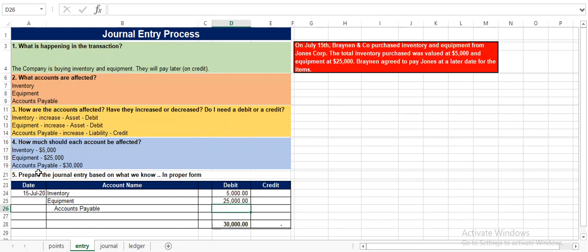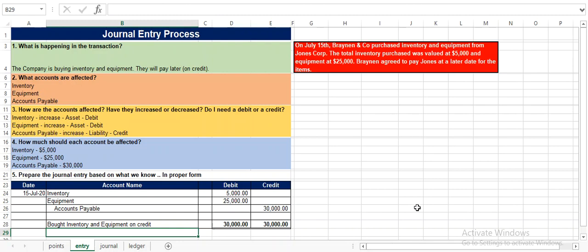And accounts payable is a credit, a credit of 30,000. And then to give a description, bought inventory and equipment on credit. And that would be the description that I could give it.